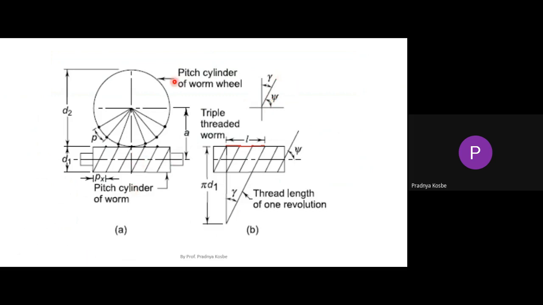If you can see, this is the thread, and let us consider this is a thread. You can draw a tangent over here to this thread at this point, correct, like this. So this is the angle between the tangent to the thread.